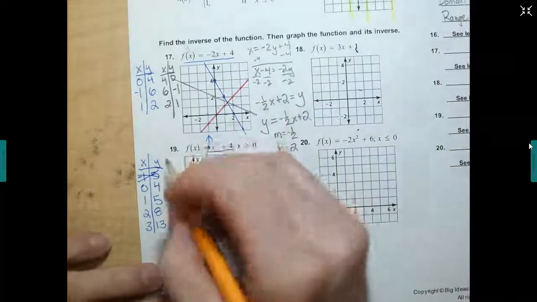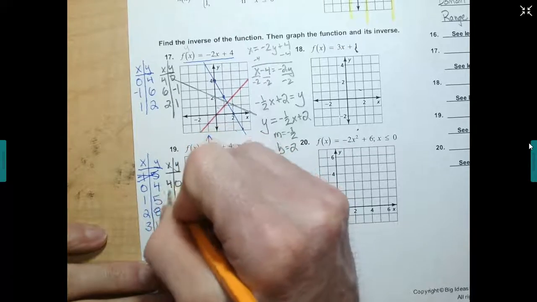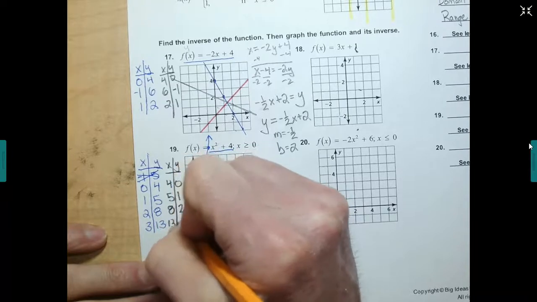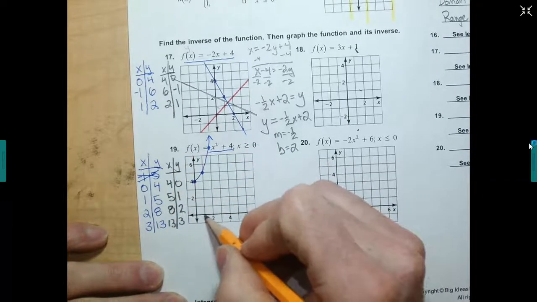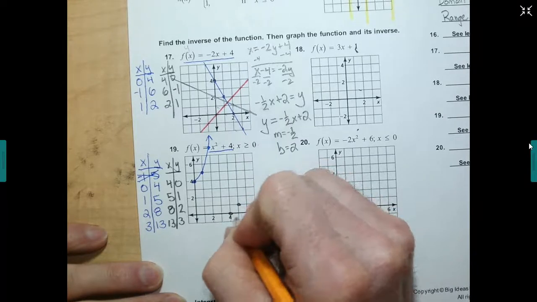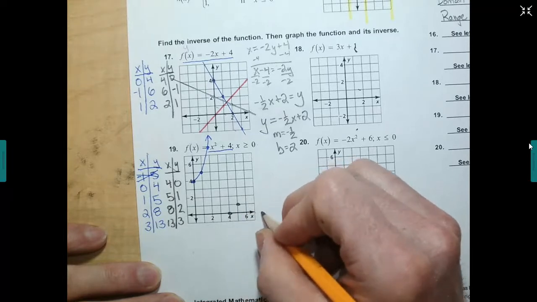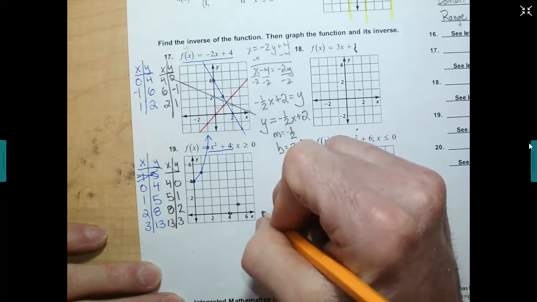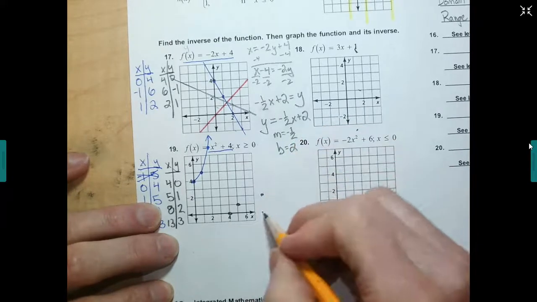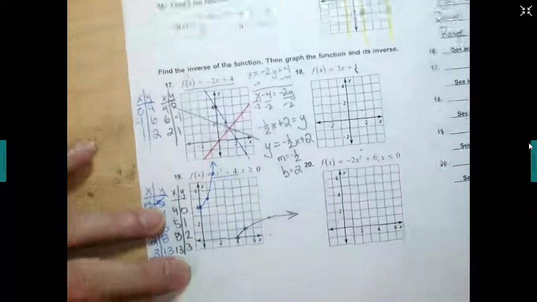Now if I do the inverse, I have 4, 0, 5, 1, 8, 2, 13, 3. And then 13, 3. So this one is going like this.